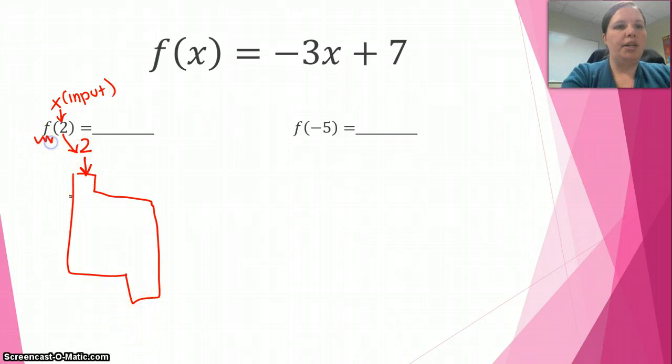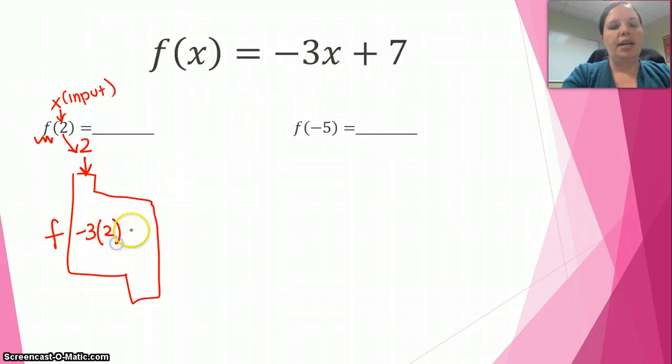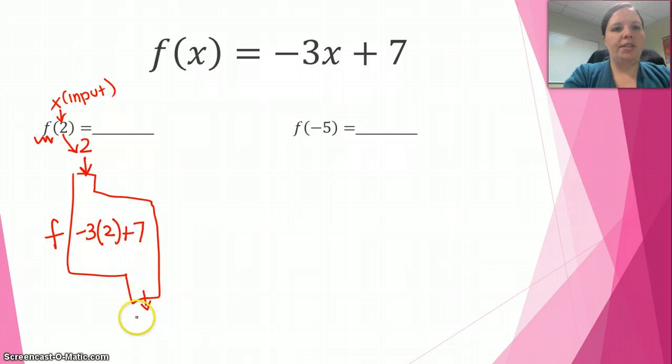Which machine? We look at the name. This is the f machine. So for the f machine, we put in 2 and put it in this equation. It goes in the spot where x was: -3 times 2 plus 7. Our output then is -6 plus 7, which is 1. So f of 2 is equal to 1.